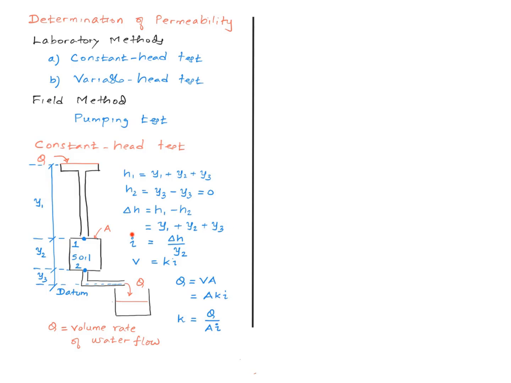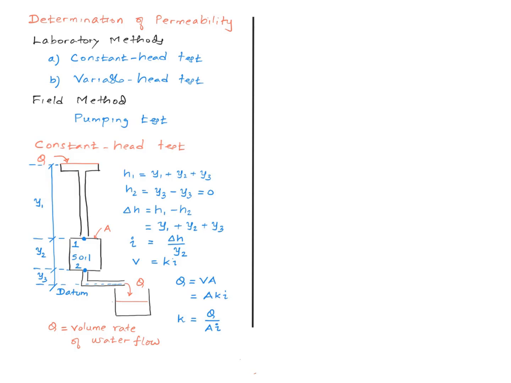Now you can define a hydraulic gradient between points 1 and 2, which is delta h over y2. Darcy's law says the velocity equals k times i. And then you can calculate your quantity of water flow rate by simply multiplying the velocity by the cross-sectional area. And this leads to a simple equation for the permeability.